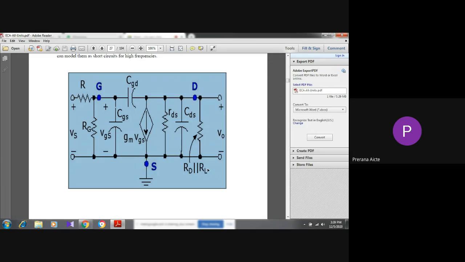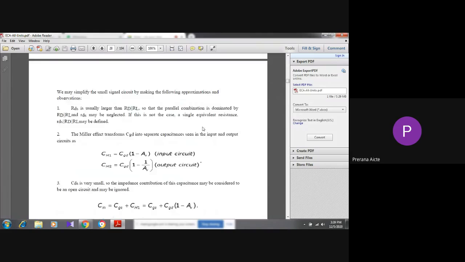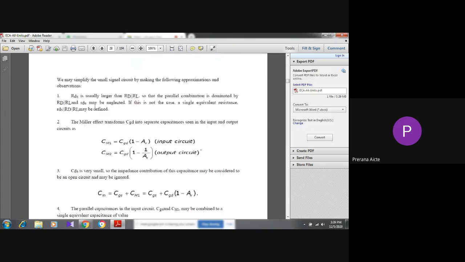But in some figures, we may have only RL or only RD, or more than two or three resistors. At that time, we can calculate the total parallel resistance, so that gives the output resistance. Again, we are using Miller's theorem, Miller's concept.